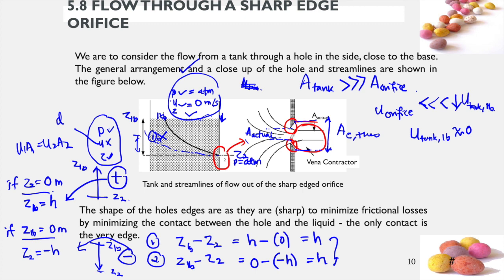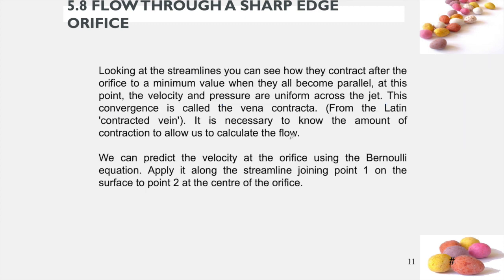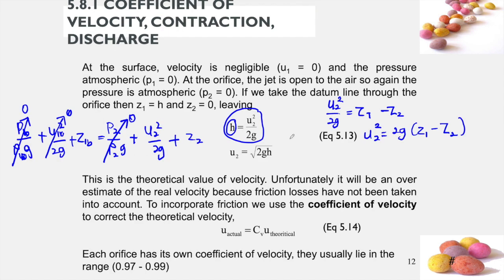Therefore, we have to multiply with some constant or correction factor in order to correct this theoretical velocity and find the actual velocity, u actual.